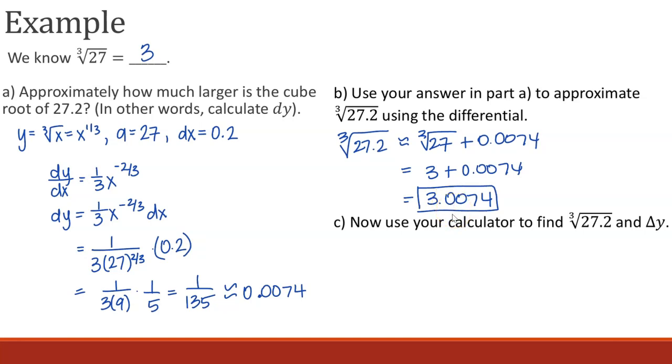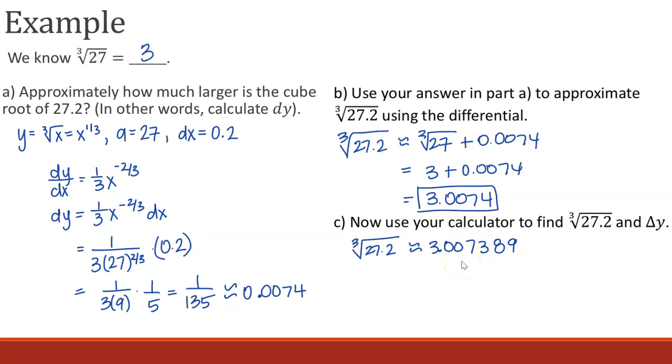And finally, we want to use our calculator to figure out what this value actually is. The cube root of 27.2 with a calculator is approximately 3.007389. So pretty close, right?